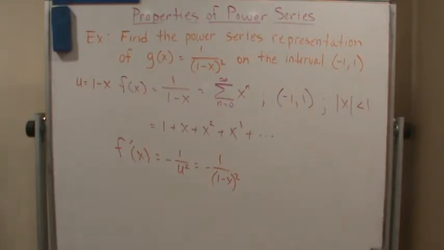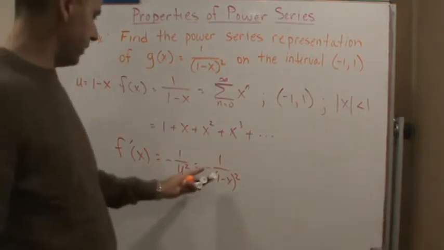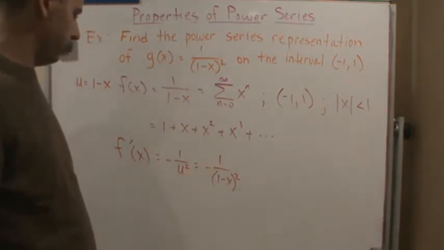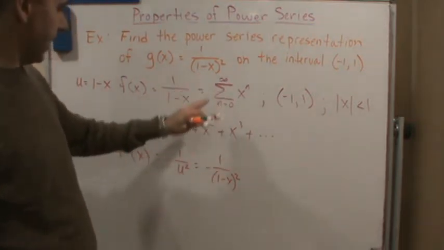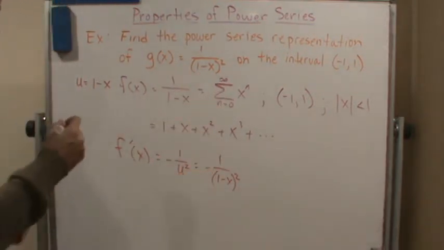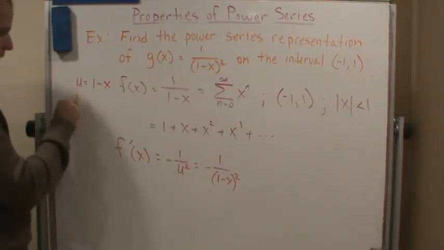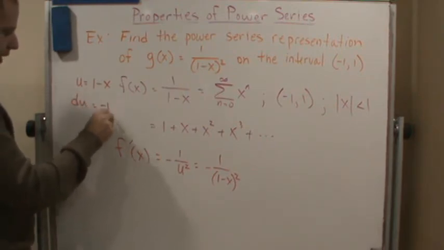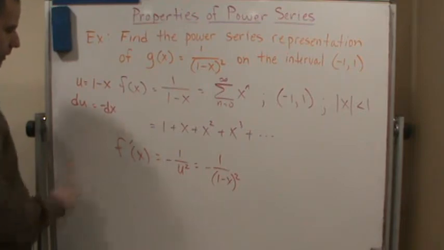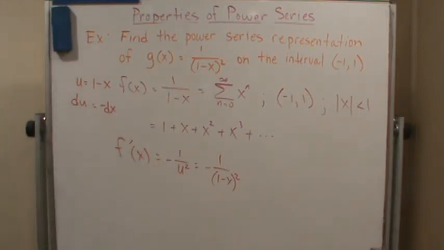Okay, so that's what you get. And there's a negative sign in there. So you get basically the same thing except for the negative, but again, if we take du, du is going to equal negative dx. Right?